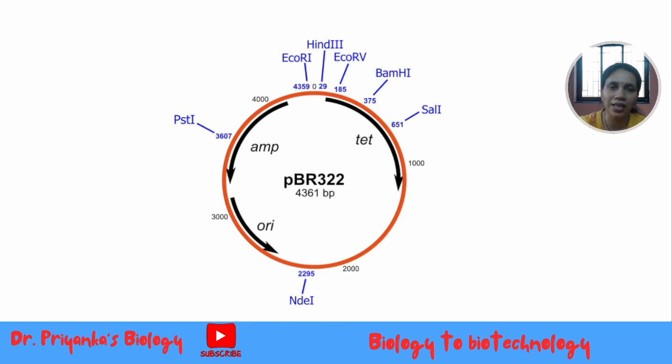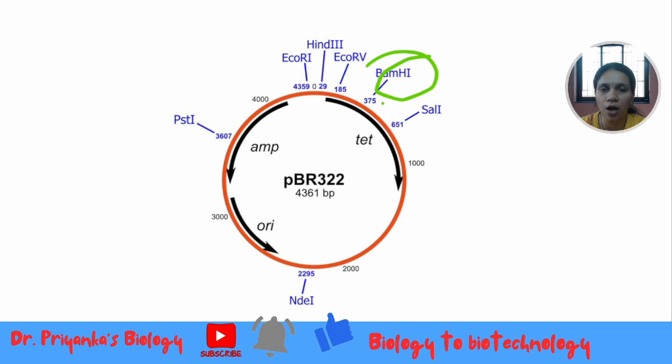As we had taken the example before, BamHI is present within the gene which is coding for resistance to tetracycline. It is present over here, in the gene encoding the tetracycline resistance.